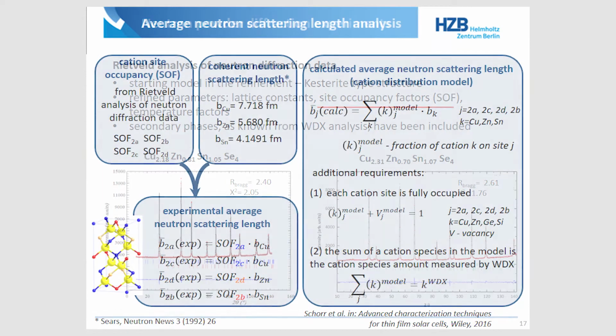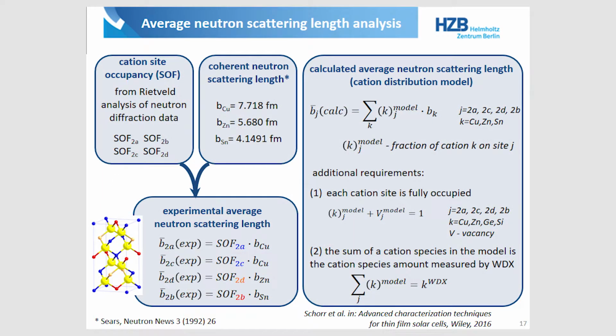We work with them to calculate what we call the average neutron scattering length. From the Rietveld analysis, you have the site occupancy factors of your four different cation sites, and of course also for the anion site, but here we look at the cations. From the table, you know the neutron scattering length of your elements.